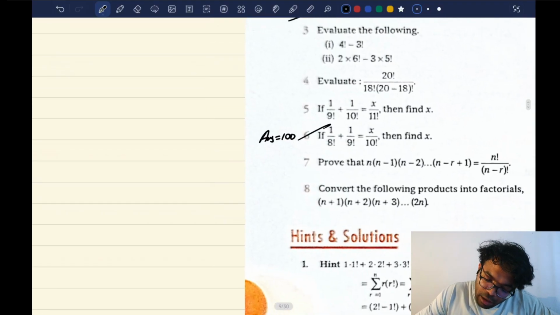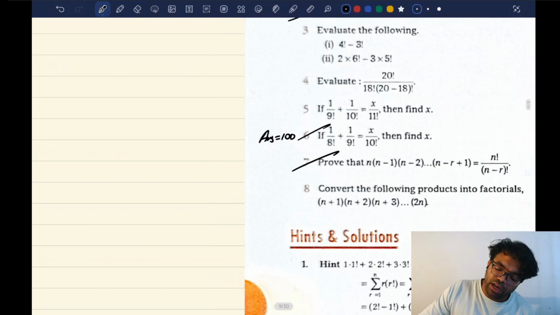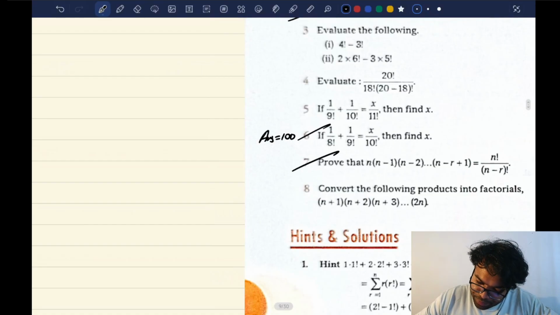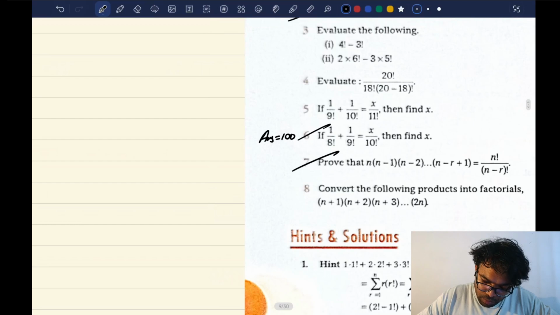Okay. Now, prove that n into n minus 1 into n minus 2 dot dot dot n minus r plus 1 is equal to n factorial upon n minus r factorial. How will we do this?